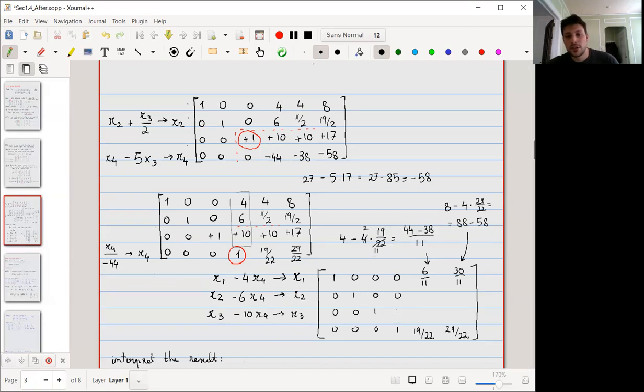The other numbers that come out of this should be, if I didn't make any mistakes, minus 107 over 11 and minus 19 over 11, minus 15 over 11, and minus 42 over 11.